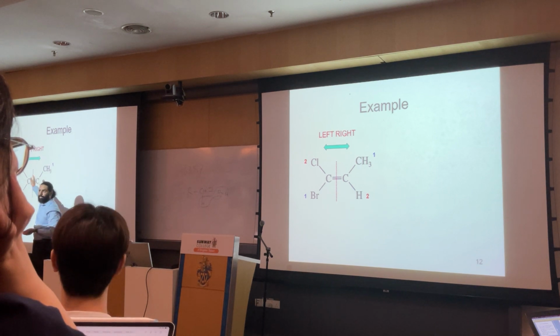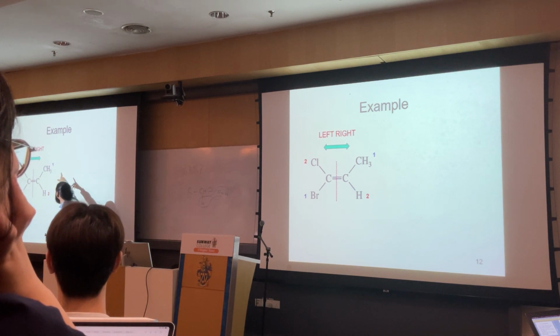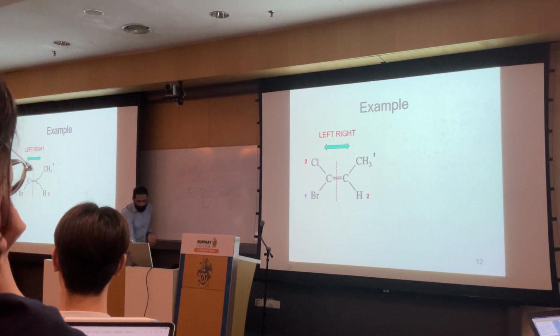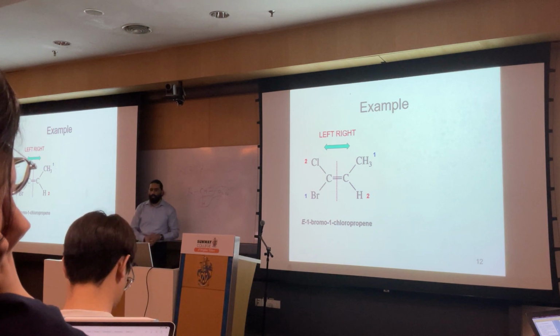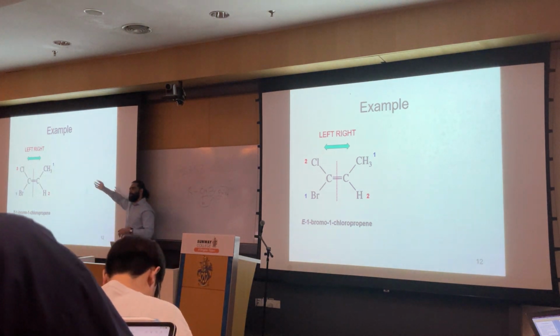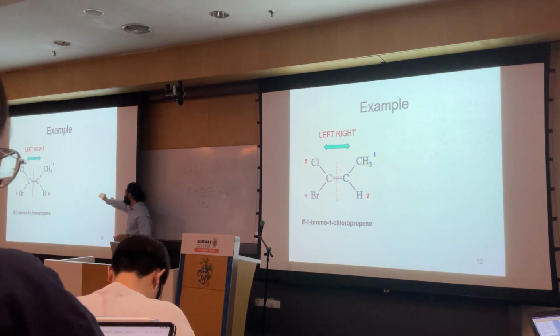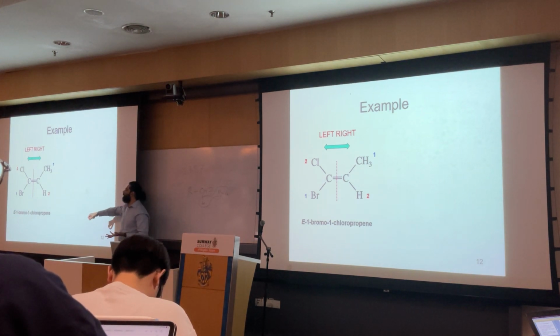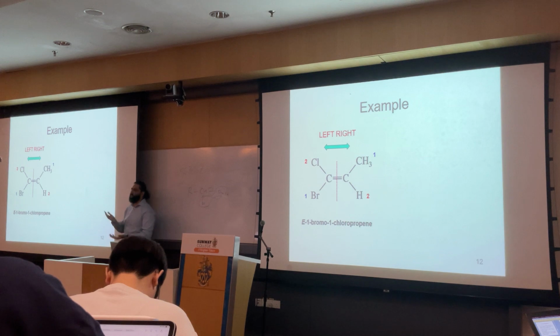But as it stands, since the two high priority groups are on the opposite side, this would be E-1-bromo-1-chloropropene. The rest of the rules remain the same, but we have to put this E or Z in the nomenclature to tell clearly which isomer we are talking about.